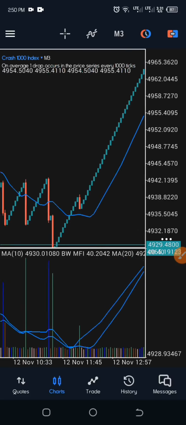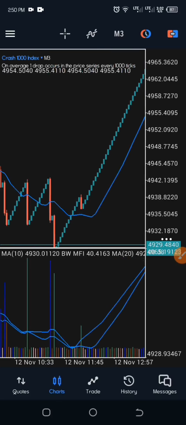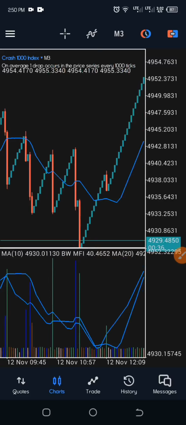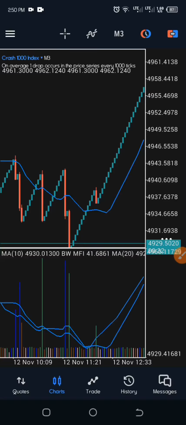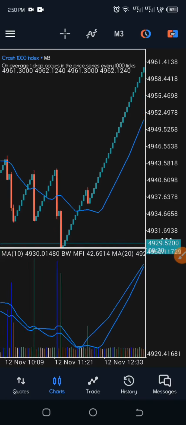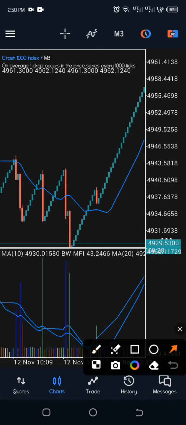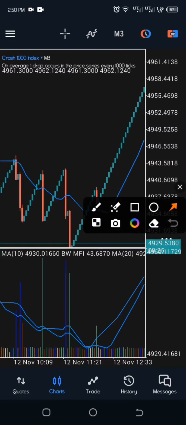And how does this strategy work now, and what are the rules for the strategy? To take a trade with this strategy, I'm going to give you guys what you need to see before you take any trades with this strategy. Firstly, before we talk about the strategy, you have to understand some things. Here you can see on our indicator window 1, we have this green line and we have this blue line.